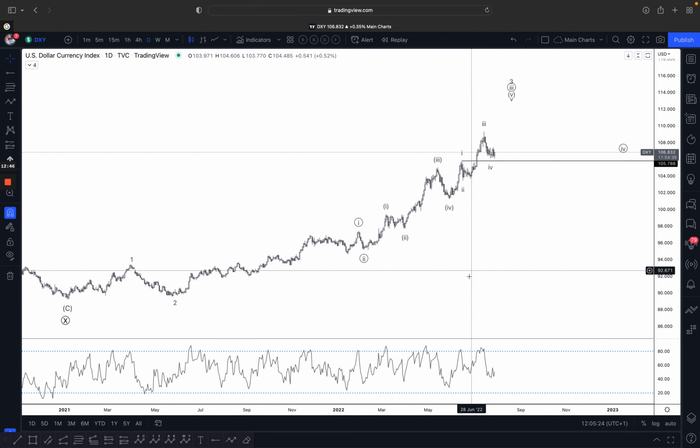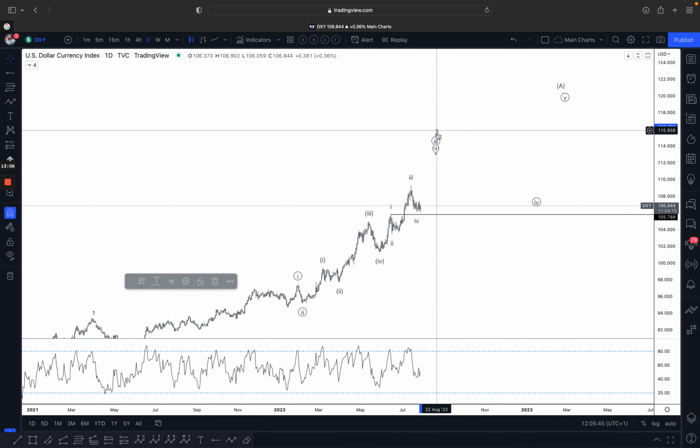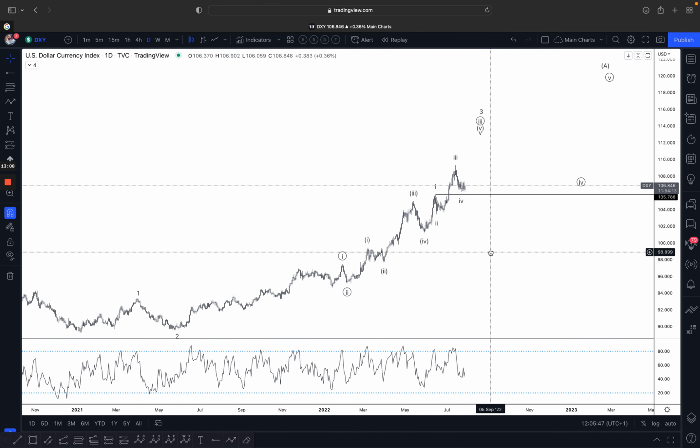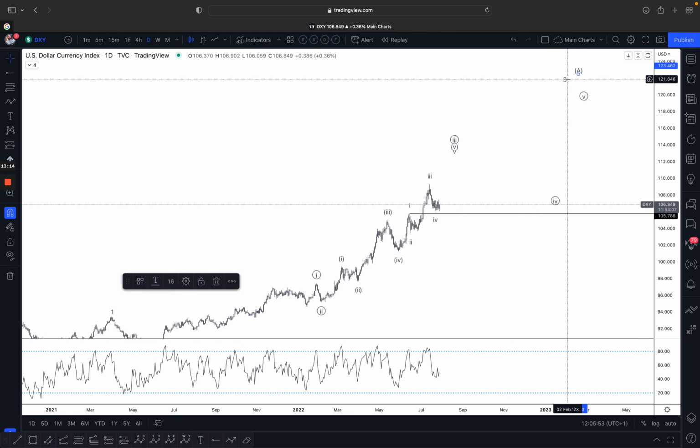The only thing that's making me a bit skeptical is a little bit of divergence there, but it's not extremely alarming. That could still be an indication that this is running out of steam, because that final push would then take us into a wave 4 correction, not on a minor degree, I apologize, on a minute degree.